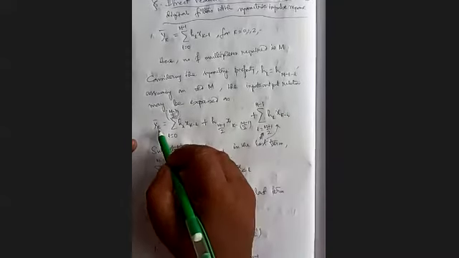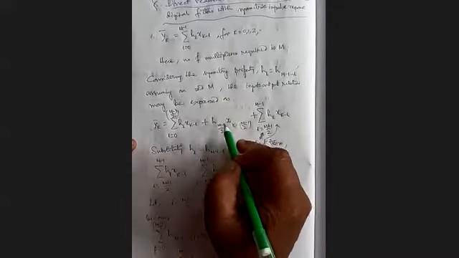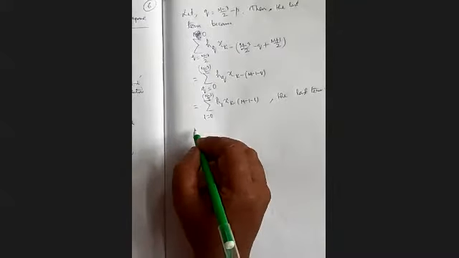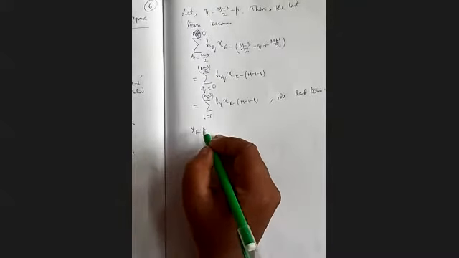Okay, so now we write yk bar equal to this term plus that term plus our last term. So I write it here.